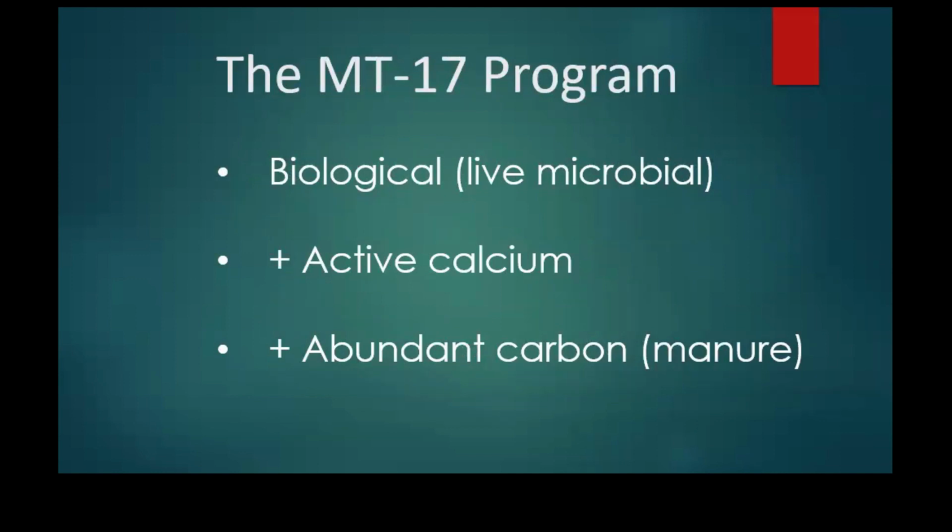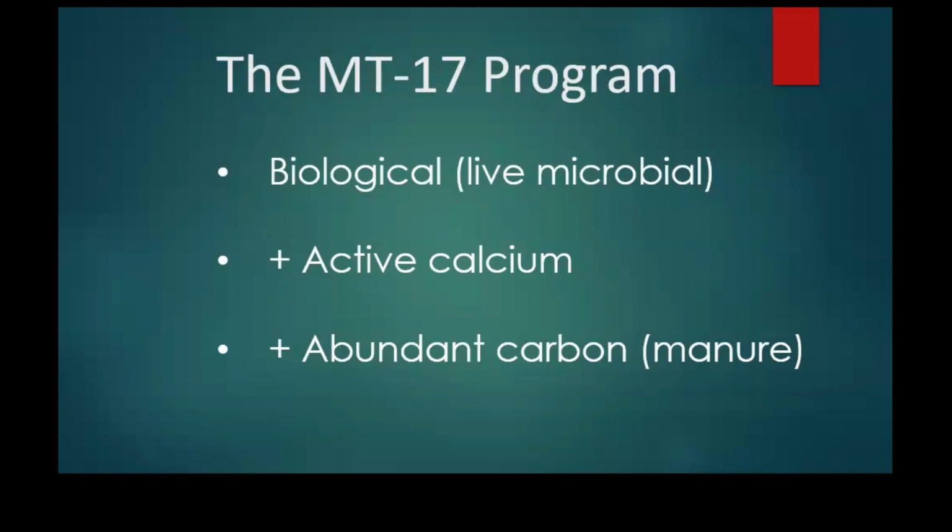Then we need abundant carbon to feed those microbes, and that's coming from the manure. That's a great source of carbon to multiply those microbes. So if we have those three things coming together, plus good soil moisture and temperature, we can make dramatic changes in the soil in a very short period of time.